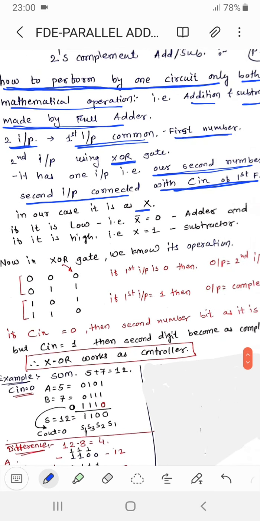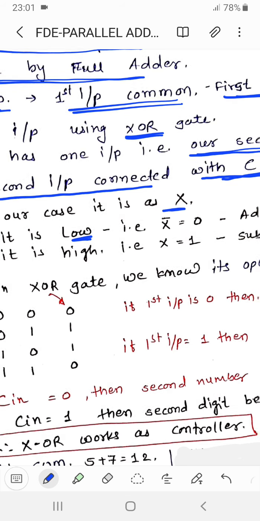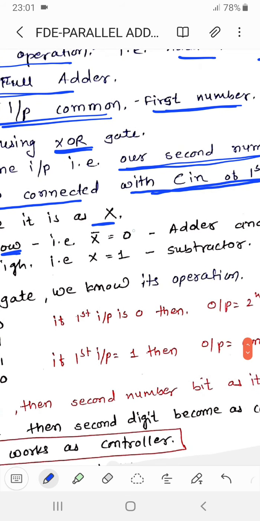Now what happens in this particular case? We know that if this X is low, then the X bar value is 0.